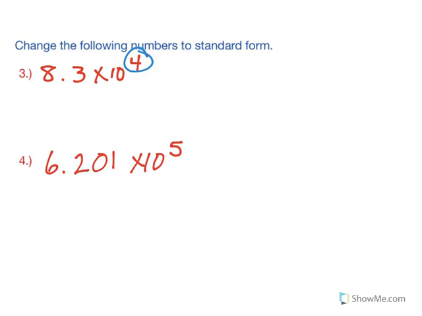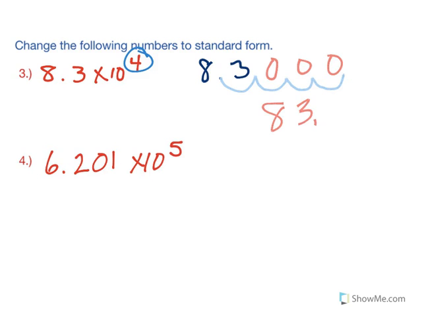So I'm going to start with my 8.3, and then my decimal is going to move 4 places. 1, 2, 3, 4. What goes in those mystery bumps are zeros. So 8.3 times 10 to the 4th is the same as 83,000 in standard form.